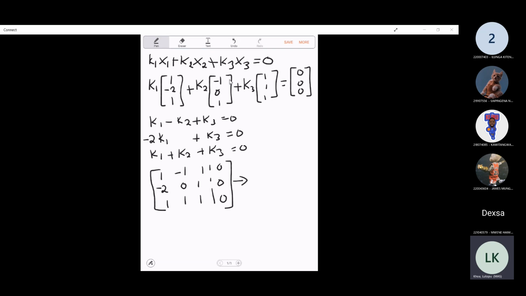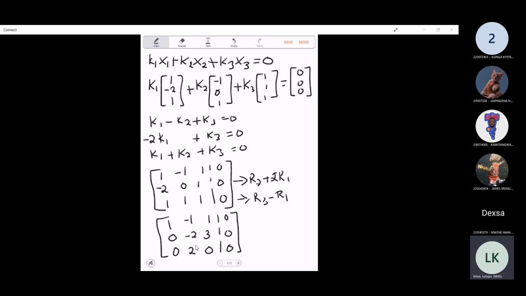So we can say row 2 plus 2 times row 1, and then row 3 minus row 1. So this will give us 1, minus 1, 1, 0, and then 0, minus 2, 3, 0, then 0, 2, 0, 0.